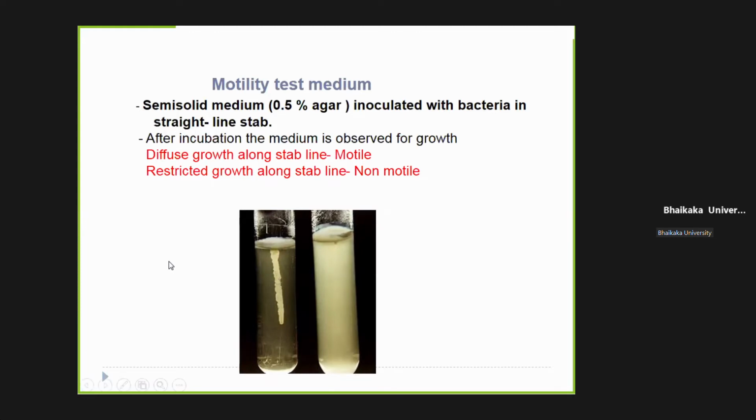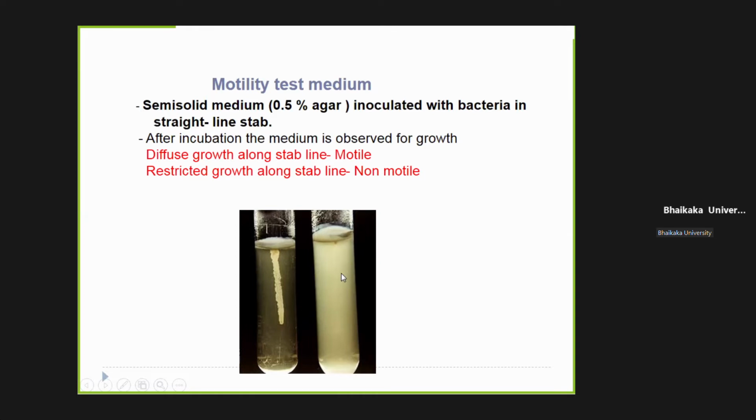The method of inoculation you will learn in the culture media and inoculation method practicals. After incubation, the medium is observed for growth. Here you can see two test tubes in which there is restricted growth along the stab line. So this particular organism is non-motile.